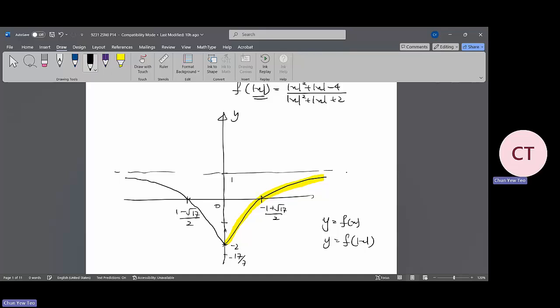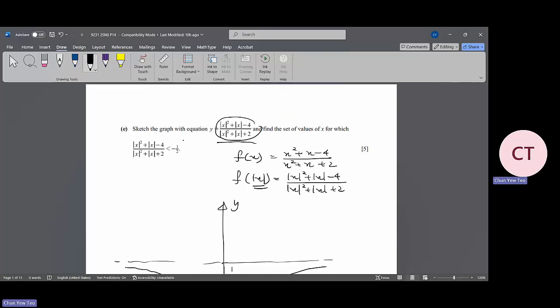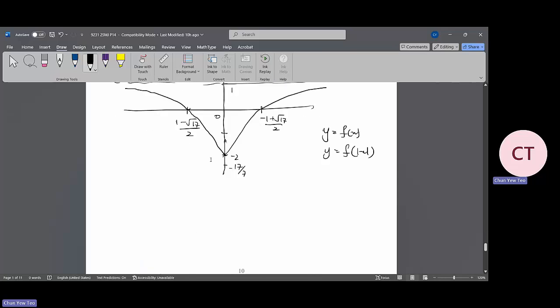But we haven't finished yet, because the question wants you to solve the inequality for less than negative half. To solve this, maybe we can erase this away. We just let them equal to negative half.